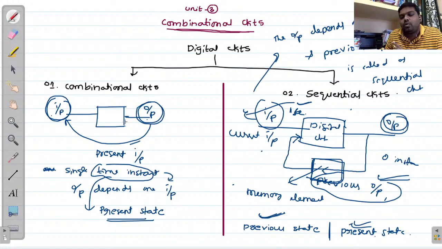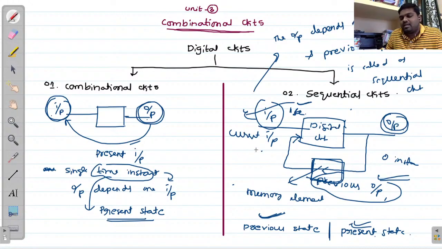That's why we don't require any memory elements in a combinational circuit. But in a sequential circuit, the output depends on the present input and at the same time on the previous output also. In order to store the previous output, we require a memory element in a sequential circuit.